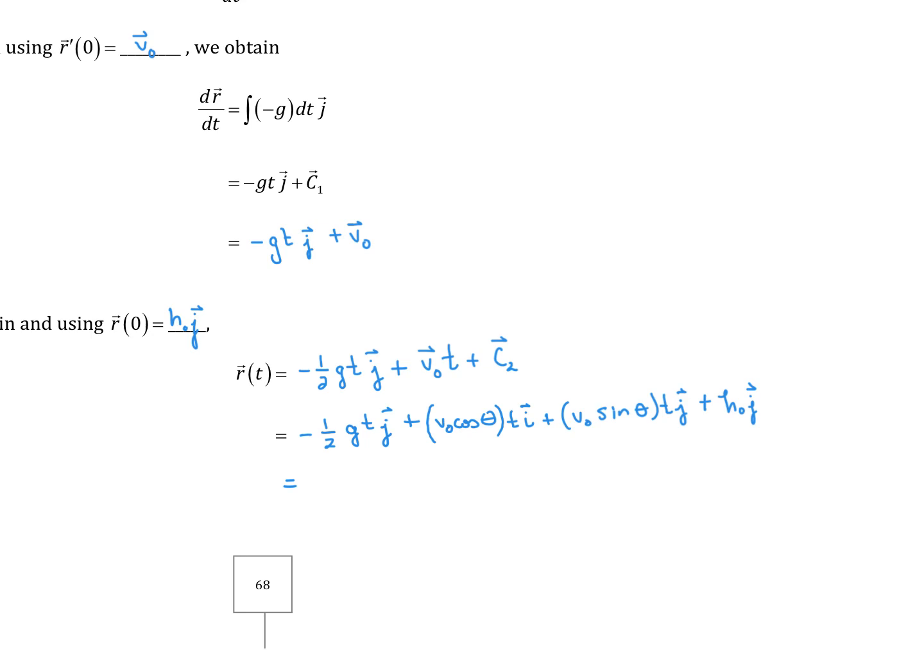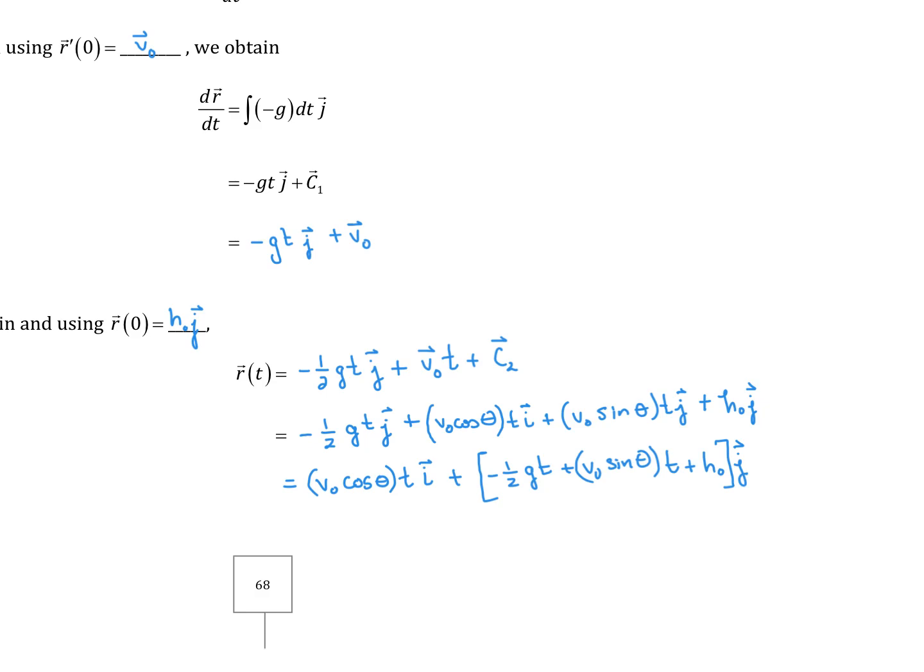So if we look at our i components and j components, our i component is just v naught cosine of theta t, so t i hat, plus we have negative 1/2 g t squared plus v naught sine of theta t plus h naught, and that's all the j hat component.